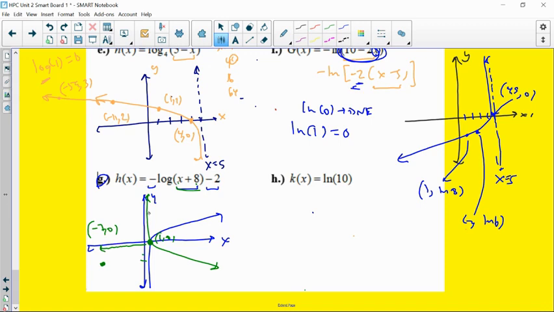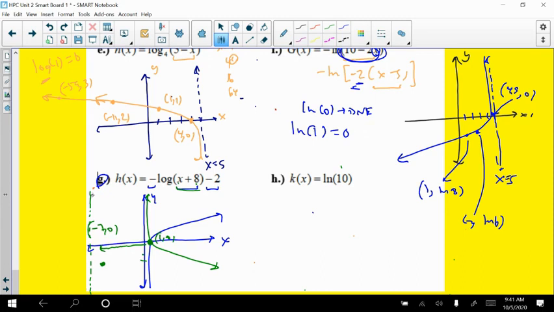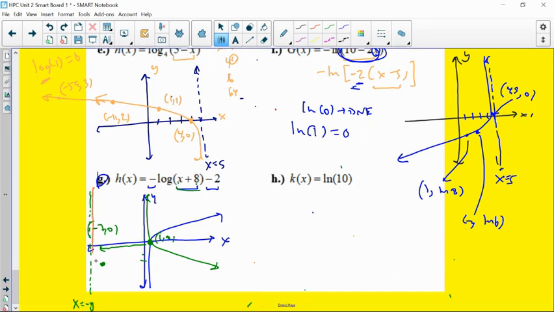The vertical asymptote at 0 will be shifted again to the left 8 units, so now that will be at -8. So the graph should look something like this. You're hugging that asymptote, we get to that point, we stretch that way. So this point right here, again, is -7, -2.